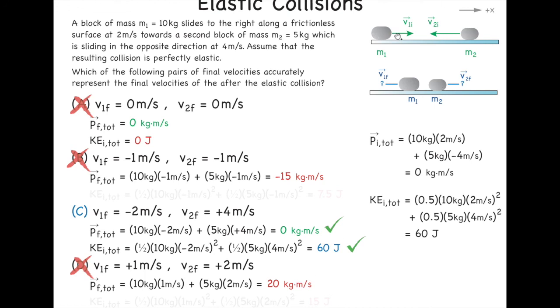The two bounce off with the exact same final velocities as their individual initial velocities, but they end up having opposite directions. Now that is not the general case for elastic collisions, but it happened to be the case because in this case it had a 0 total momentum.